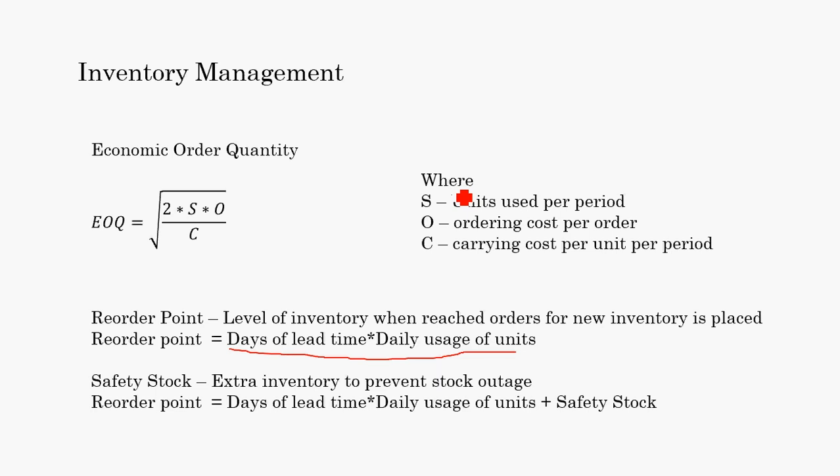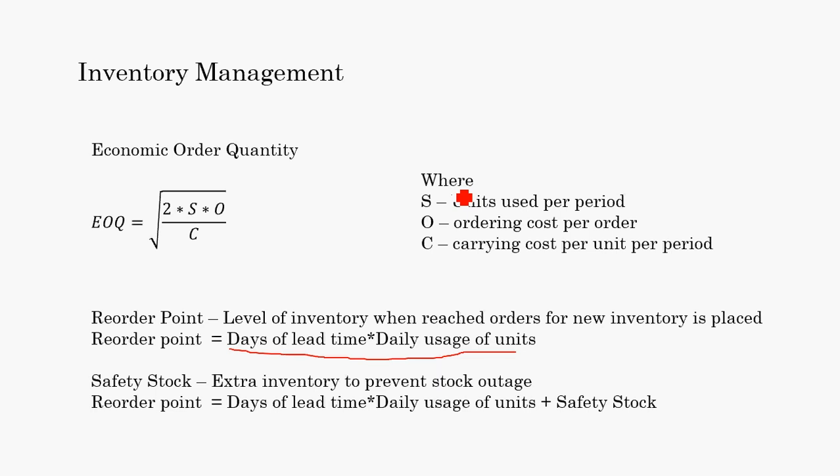So when you have an inventory level equal to 6 days, for example 6 into the number of units that you use daily, let's say 10, 6 into 10, when the inventory level reaches 60 units, you will place an order for new inventory. That is the objective of having safety stock.